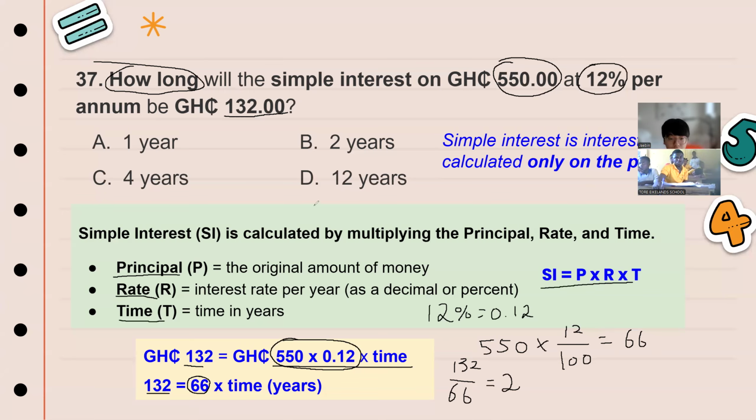So it's going to be 2 years until the simple interest on this amount of money, 550 Ghana cedis, at 12% will be 132 Ghana cedis.